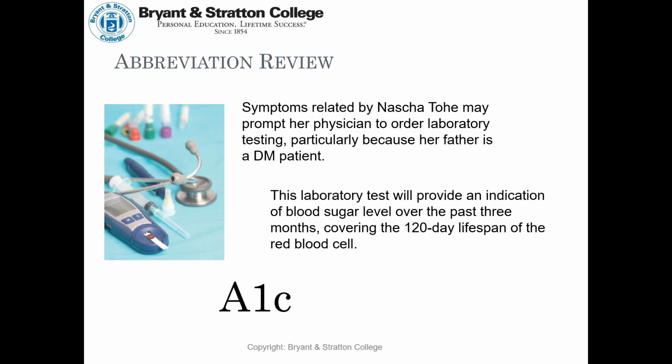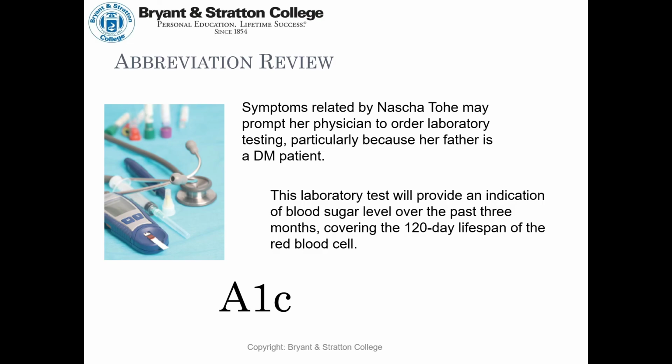So what we see here is a laboratory test to look at the indication of blood sugar over the past 3 months. This is important because it's going to give you a true pattern to diagnose diabetes. We can take a regular fasting blood sugar, an FBS, but that's only for right now, right then.